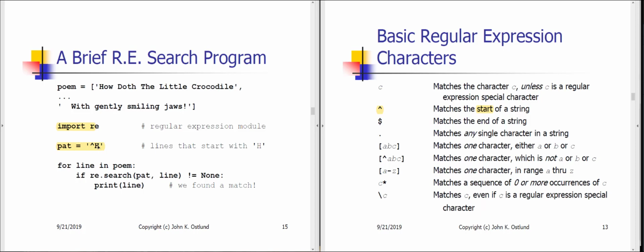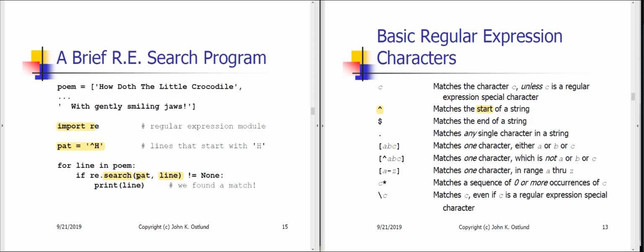So, for each line in the poem, and my poem is a list of strings, so each line in the poem is a string, I'm going to use the search function defined within the re module to search for this regular expression pattern in the current line. If that pattern is not found in the line, then the search will return None.